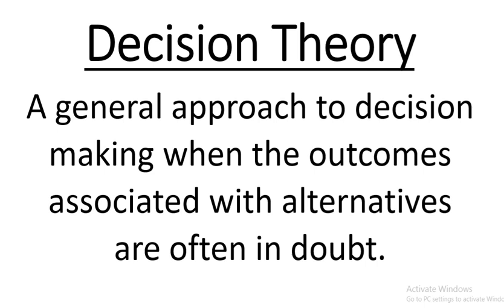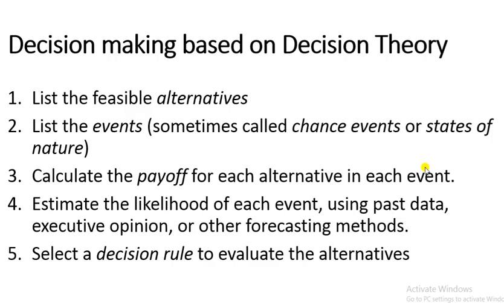So this was the concept of the decision theory. Now in the next slide, we will talk about the steps. What are the different steps a manager can take while using the decision theory? So here he is talking about the first step would be to list the feasible alternatives.